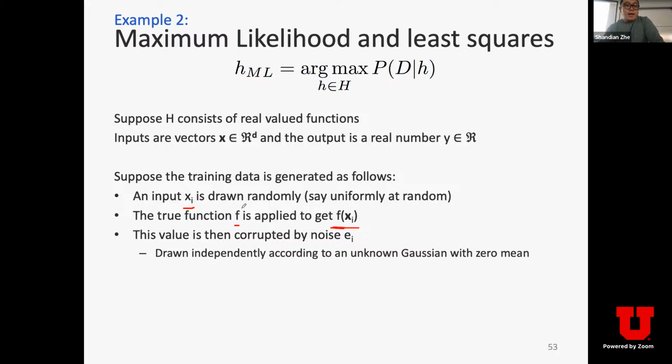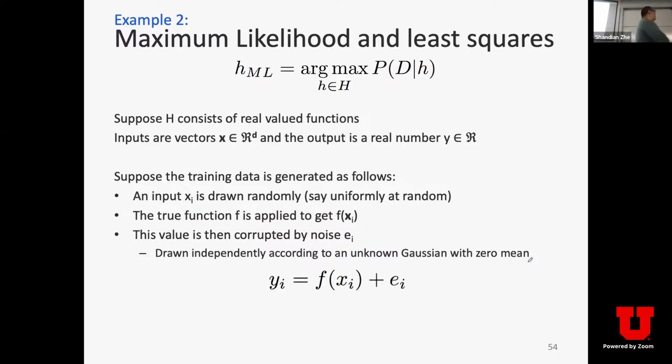The value is corrupted by some noise ei, and what you can observe is the corrupted target function value. How do we model this noise? A very commonly used model is to assume the noise comes from an unknown Gaussian distribution with 0 mean. That just means the noise is random, with no bias. It's just perturbing around 0.